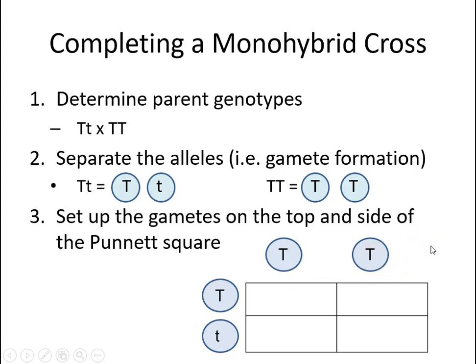And it does not matter which parent goes on which side, as long as you're keeping their pair of alleles on the same side. So I wouldn't want to put little t for one parent and capital T for one parent on the left. They need to be in their appropriate pair. So one parent here, one parent there, or vice versa.